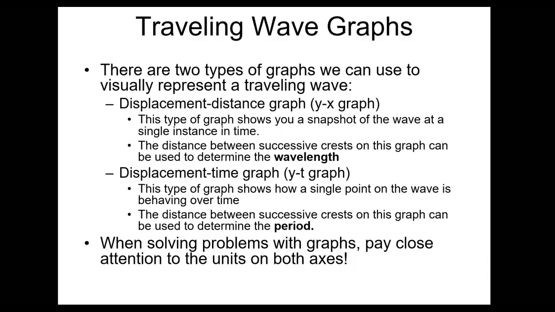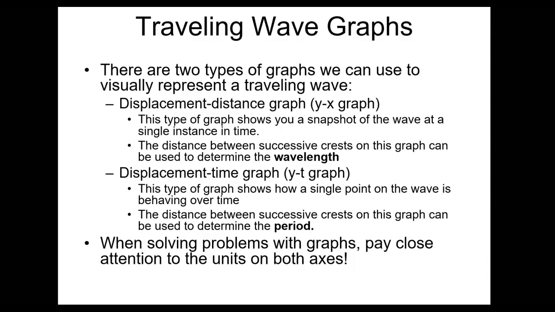Okay, and then what you can do with a displacement time graph is you can use it to measure the period, because when you're thinking in terms of time, the time for one complete oscillation of each of those points is the definition of period.